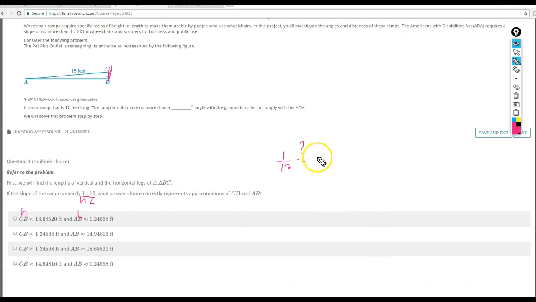Then I'm going to set up my proportion of CB, which is 18.6850 divided by the length that is given, which is approximately 1.24568 feet.